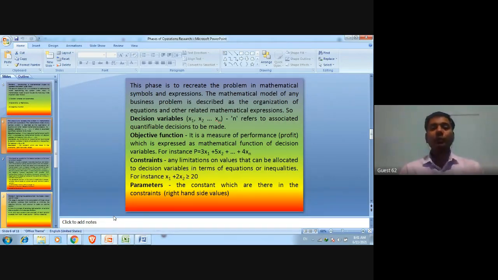So what are the decision variables? We will write x1, x2, x3, x4, up to xn, meaning there could be n decision variables.